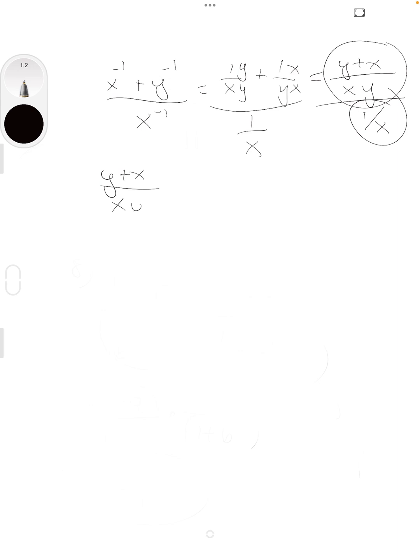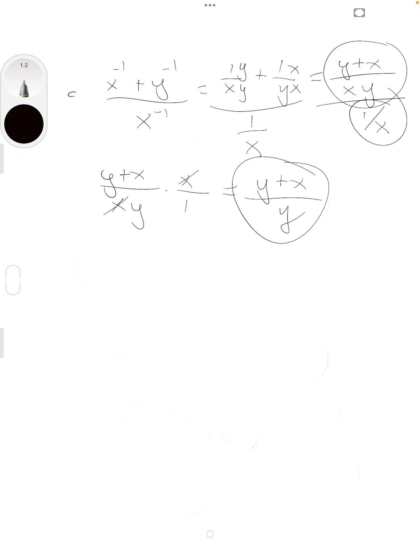Get a common denominator, multiply top and bottom times y, top and bottom times x, and I end up with y plus x over xy, over 1 over x. It's that divided by that. What's y plus x over xy times x over 1. X's will cancel, and I'll end up with y plus x times 1, over y times 1, which is just y. Answer.